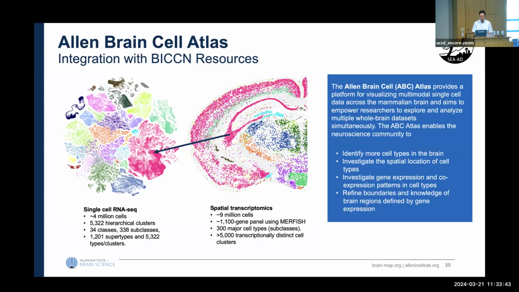If you're interested in this kind of thing, interested in transcriptomic data analysis, there are innumerable projects that you could get involved in. We just released this kind of big atlas here. So we finished this transcriptomic profiling of the whole mouse brain with 4 million cells using RNA-seq, and with 9 million cells using MERFISH, and transcriptomics, it produces this unimaginable number of 5,322 hierarchical clusters.